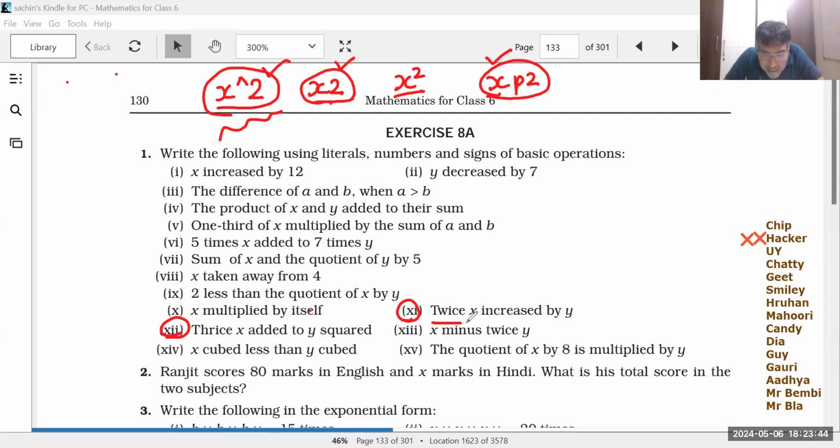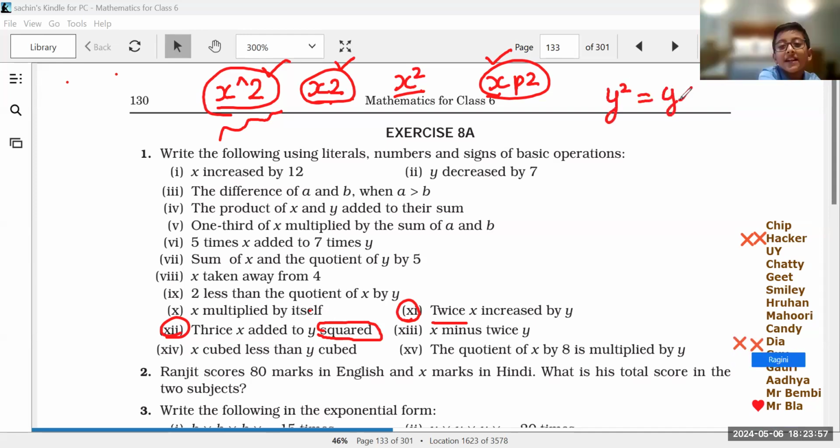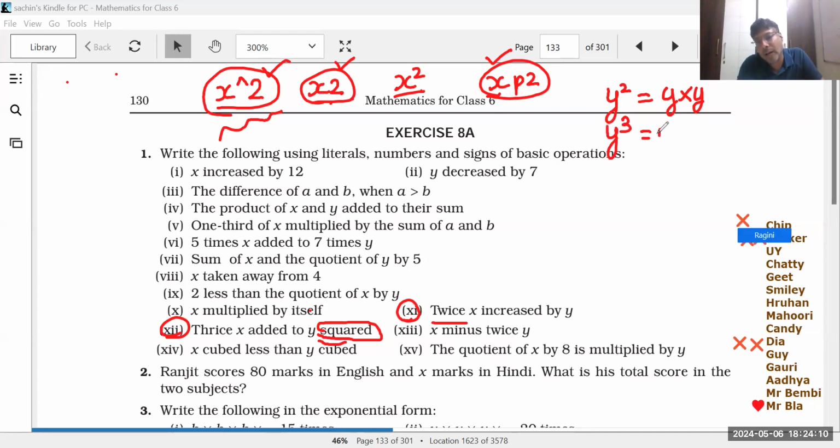So guys, twice x means 2 times x. So what's the meaning of squared? Y squared means y into y. Beta, this is okay, but this should not come in your grade. Y squared, etc. Cubed means y into y into y.